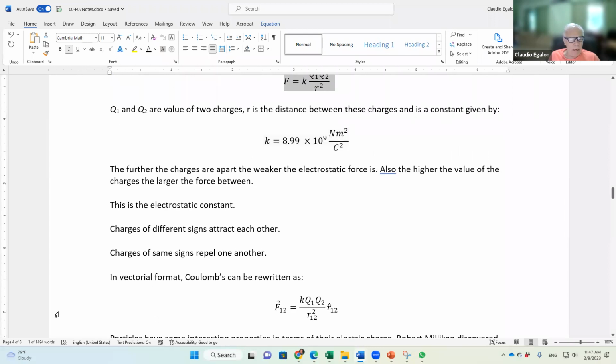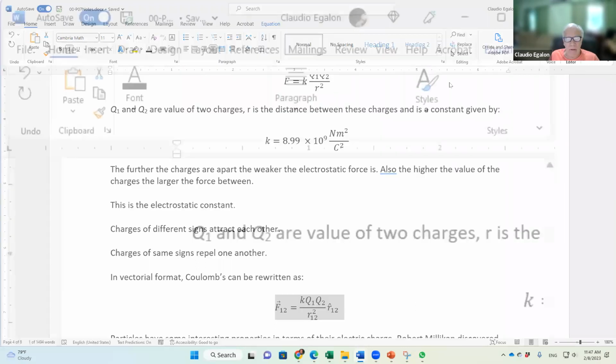The vector notation tells everything about that. Let's test this formula. That's the actual vectorial formula for this force.